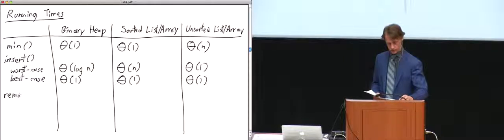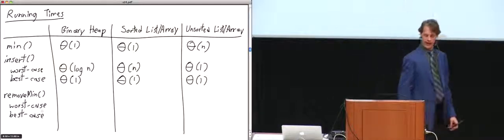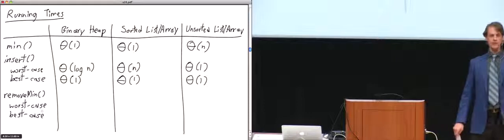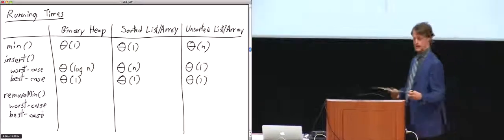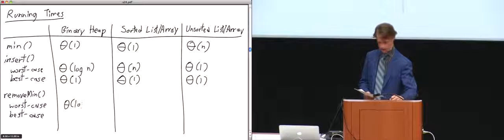Finally, there are the remove min operations. Again, I'll do the worst case and the best case time. So with a binary heap, again, remove min, you bubble something down the heap. The worst case time is the height of the heap. So that's theta of log n.